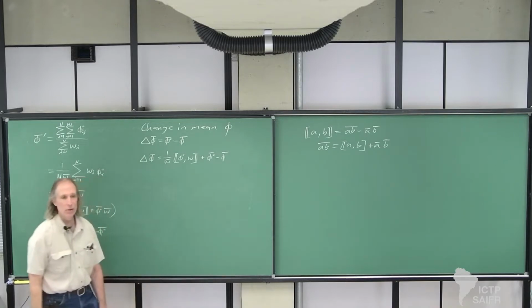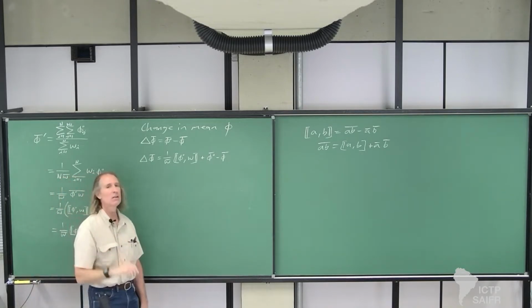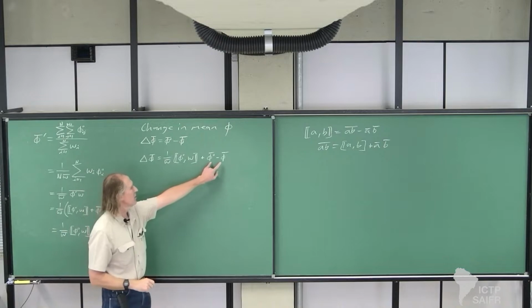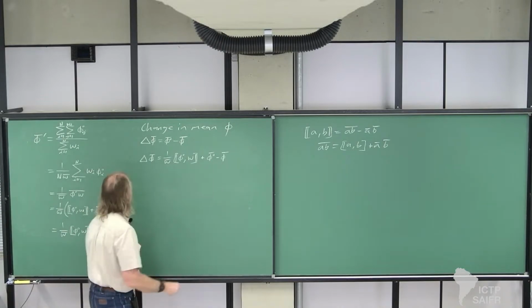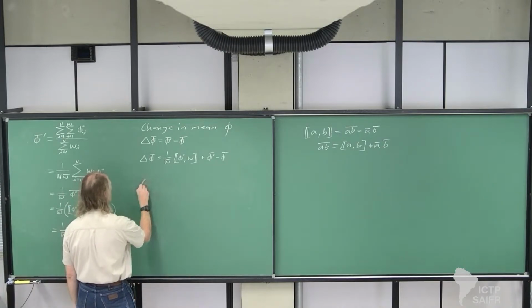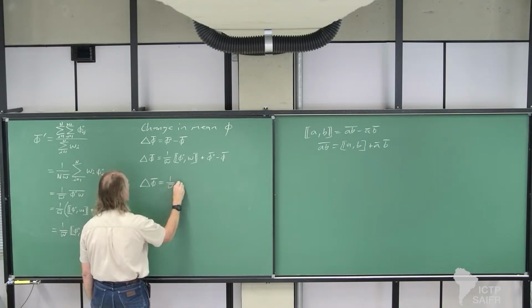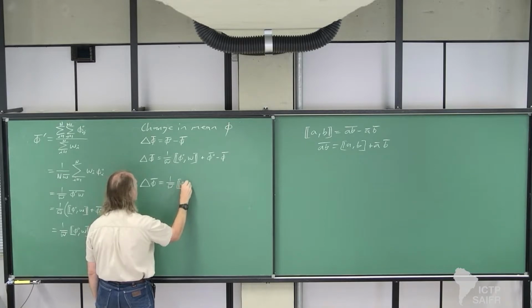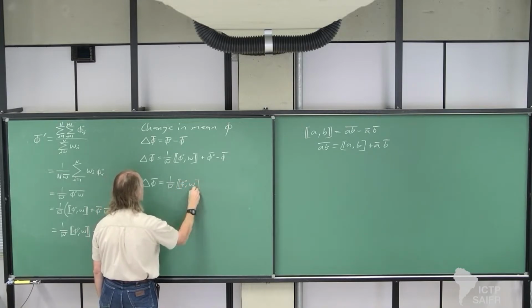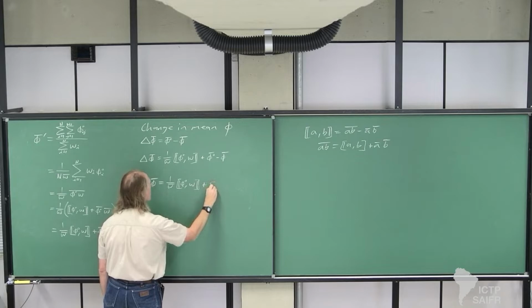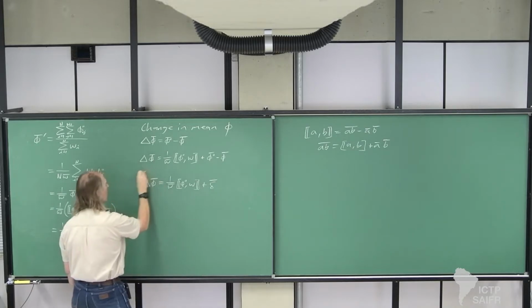And here, remember we use that lowercase delta symbol? The average of that is just this. So ultimately, I can write delta phi bar is 1 over W bar, covariance of phenotype of offspring with fitness of parents, plus that lowercase delta bar.